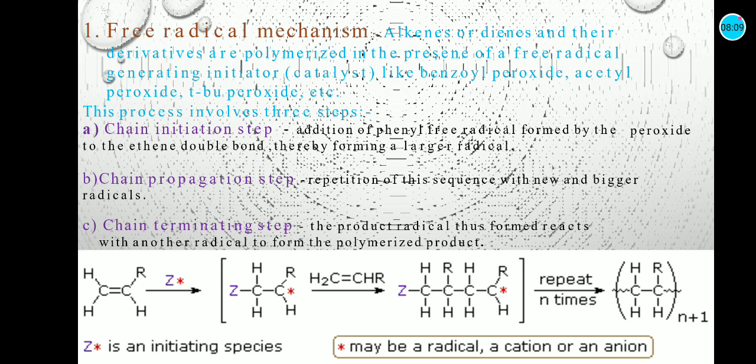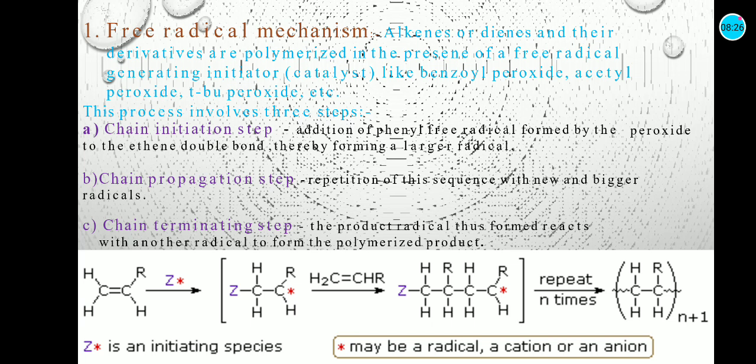First one is the chain initiation step, that is the addition of the phenyl free radical formed by the peroxide to the ethylene double bond, thereby forming a large number of radicals.